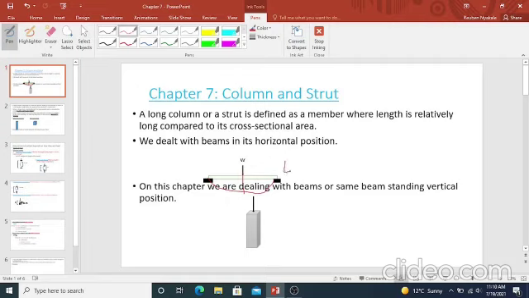Then on the other topics, we dealt with the face of that critical point. What's happening when the force has been applied? What's happening to the face of that critical point?